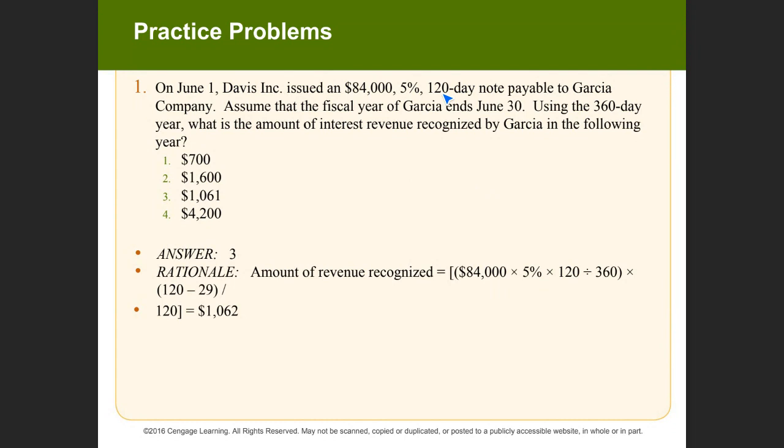And then we're going to divide all of that by 360. Then we're going to multiply that by 120 minus 29, divide that by 120, and that's going to give us this 1,062.